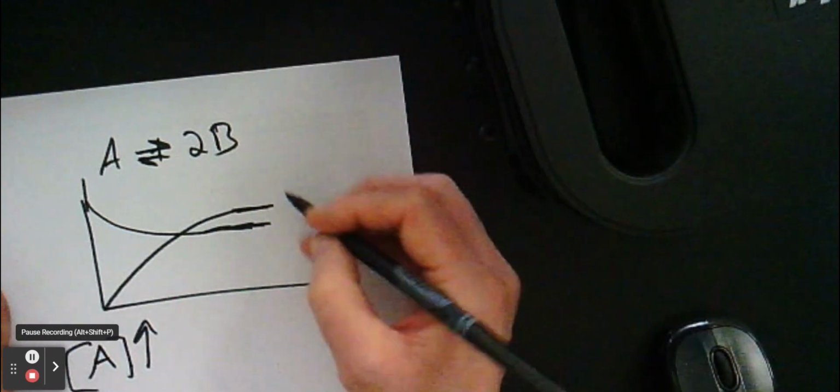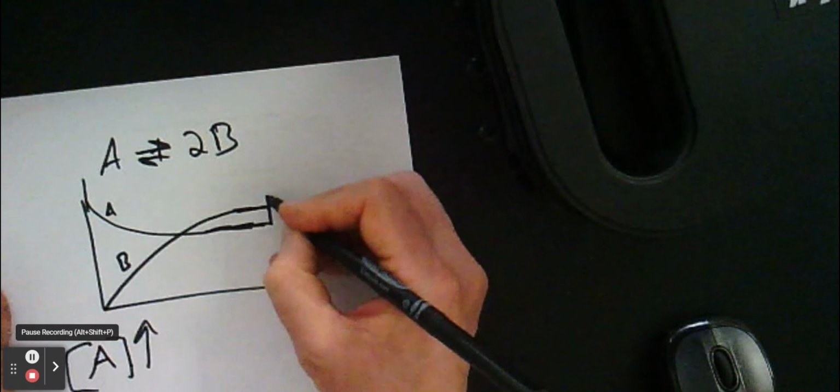Okay, now let's say I increase the pressure or the concentration of A. So A is going to spike.